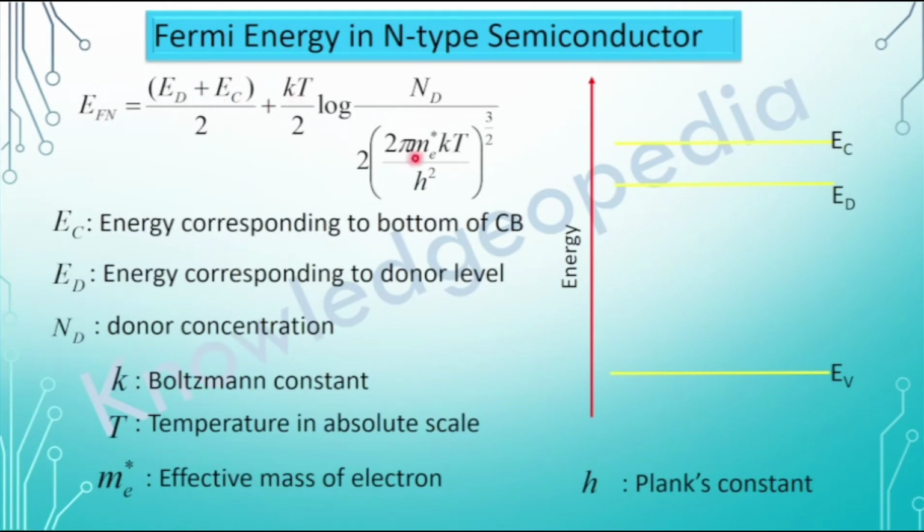We have seen all the notations, and this is the energy band diagram. This is the top of the valence band, this is the bottom of the conduction band, and ED is the energy corresponding to the donor level. Now we will see the position of the Fermi level and how it changes with change in temperature.